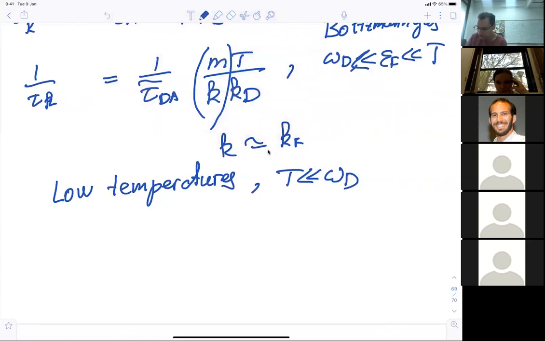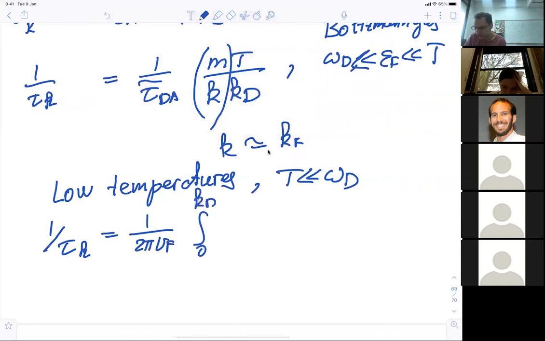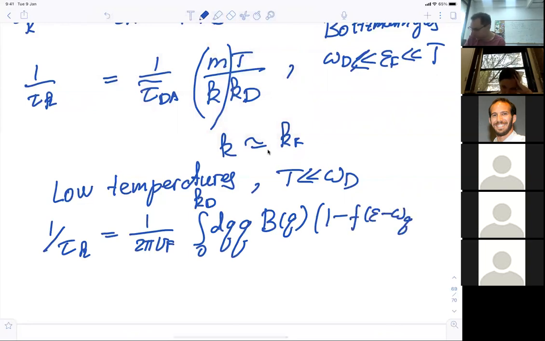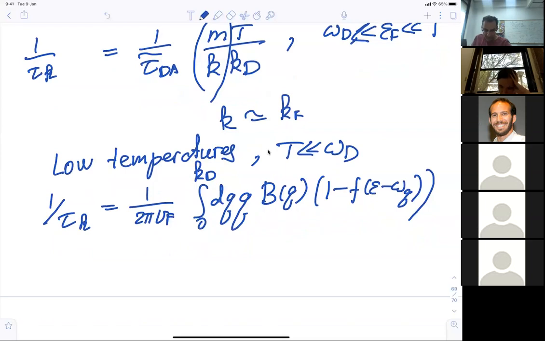So there is the integral, right now: the integral over 1 over tau k becomes 1 over 2 pi v Fermi, integral from 0 to k Debye dq times q b of q times 1 minus f of epsilon minus omega q. Now I need to resolve the constraint.